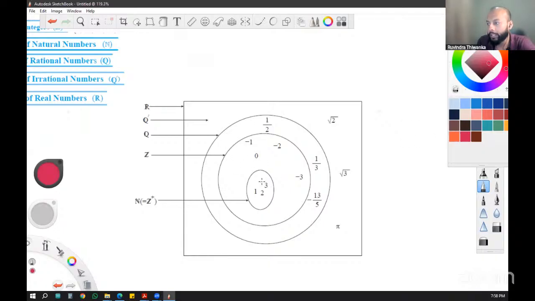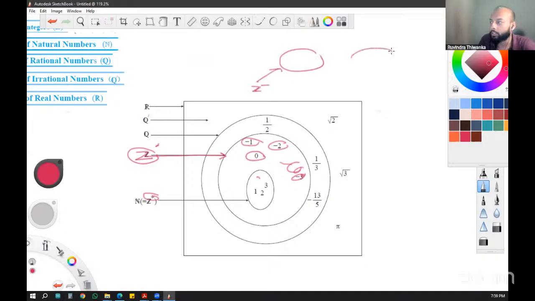If you look here, you have all the positive integers 1, 2, 3, 4, 5, 6, 7, 8, 9, 10, everything. Here you have -1, -2, -3, -4, -5, including the 0. This set belongs to our integer set. So we can say this is the set of negative integers and this is the set of positive integers.